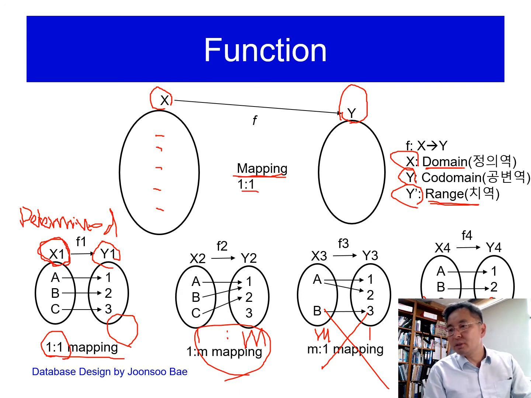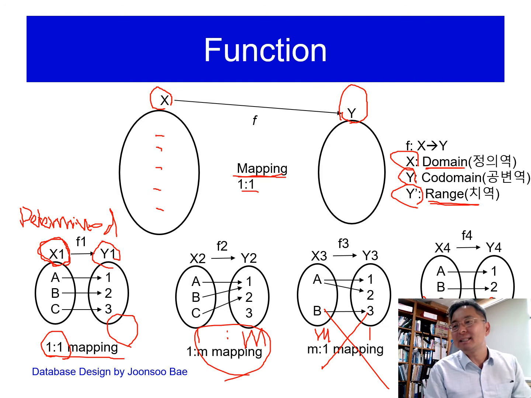But if you see the many-to-one mapping, A is not determined. Even though you know A, you do not know what is mapped to A, 1 or 2, we don't know.